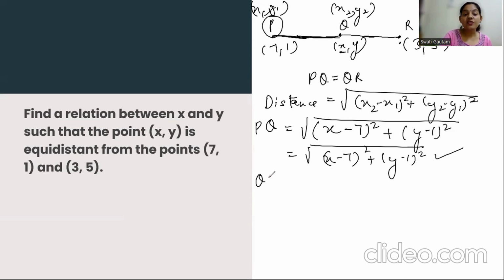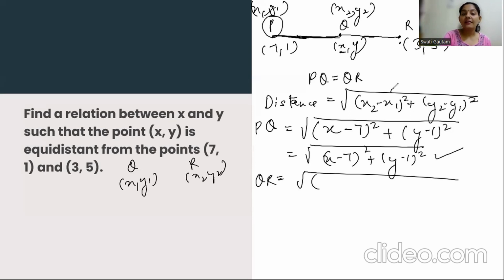So this is PQ. Now what is QR? Similarly, when I'm talking about QR, Q will give me x1, y1 and R will give me x2, y2. You know this is the formula, so again I'm putting the values. x2 is 3 and x is x1 here. Now y is 5, and this is y square. I don't have to open it right now.